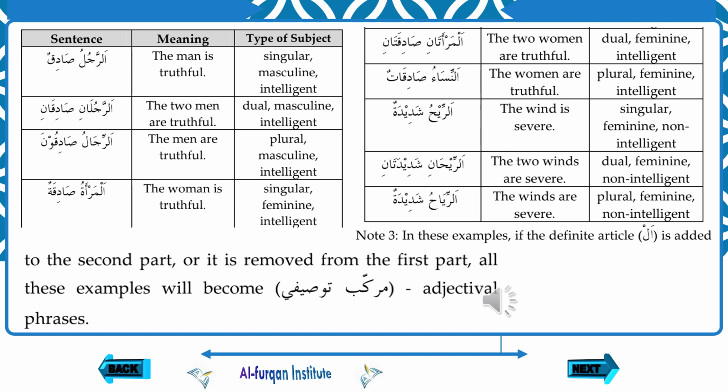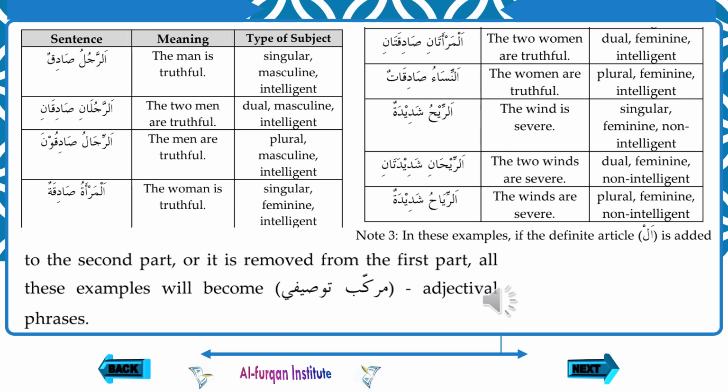So the structure will become murakkab tawsifi, that is an adjectival phrase, not a sentence, if both sides are definite or indefinite. We have the last example here: ar-rajulu as-sadiqu, the truthful man. So it's a phrase, not a sentence.